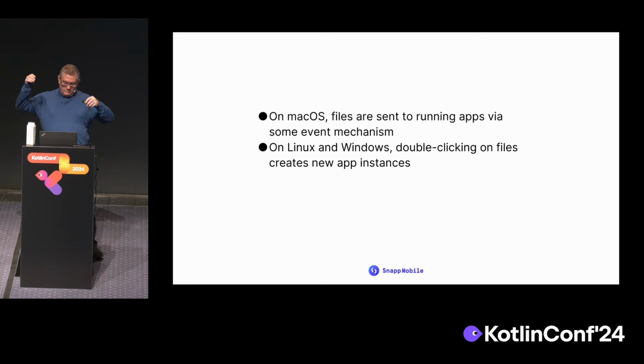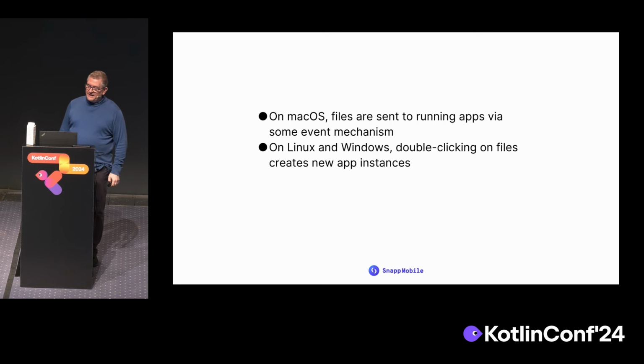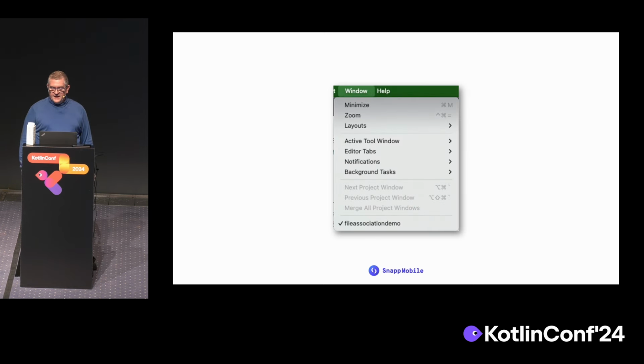Unfortunately, passing a file to an application opens another app instance. While this may not sound dramatic at first sight, there is an issue we want to solve. Most applications should also have a window menu which lists all open windows.